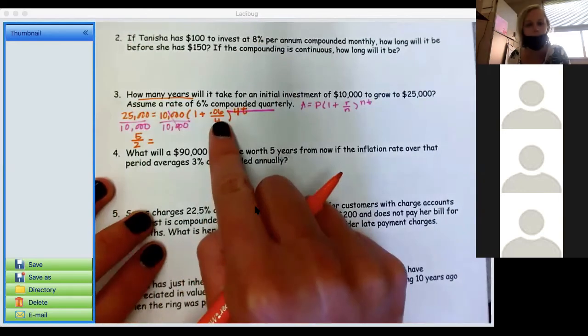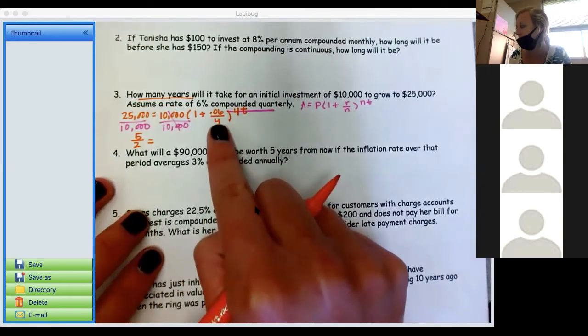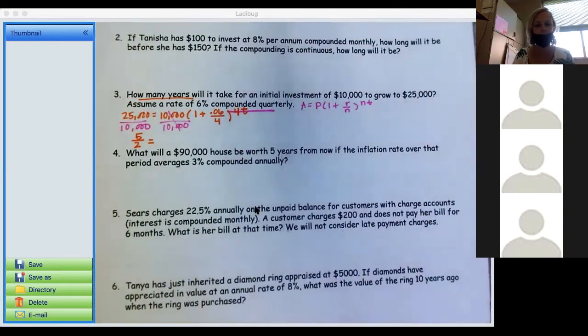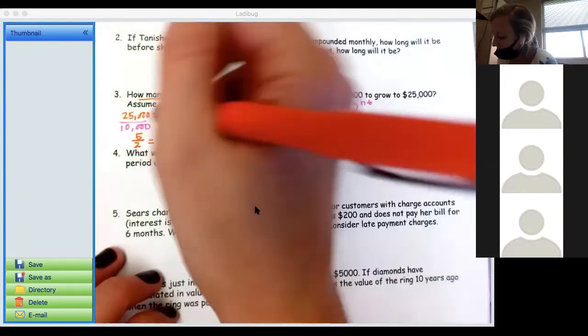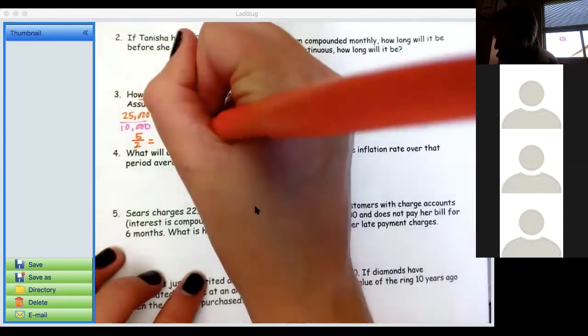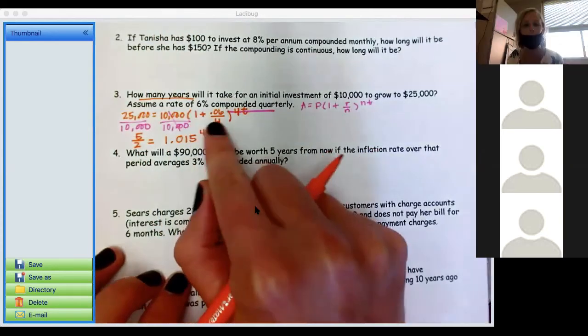And then, are y'all okay if I go ahead and simplify this too? Just to make it easier. So 0.06 divided by 4 is 0.015. So then plus 1. So this is going to be 1.015 raised to the 4t. I just simplified what was in parentheses.